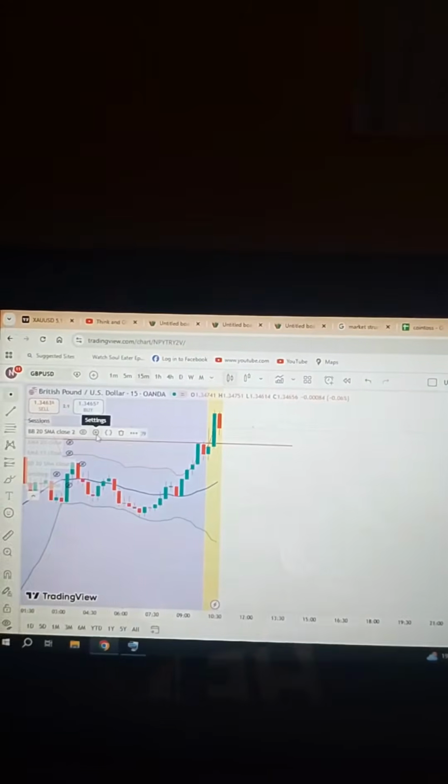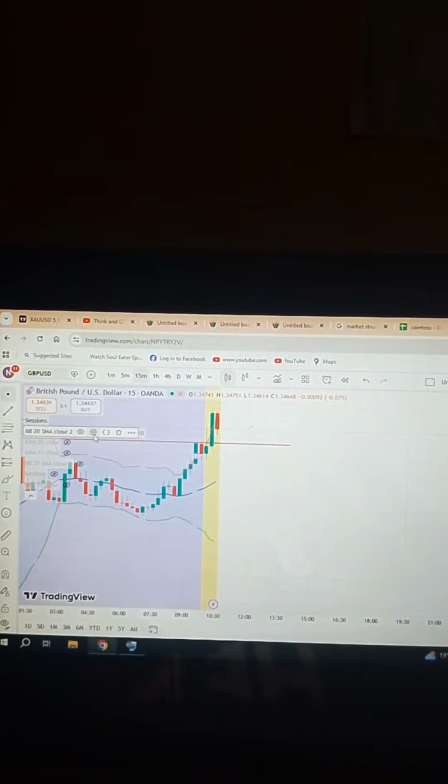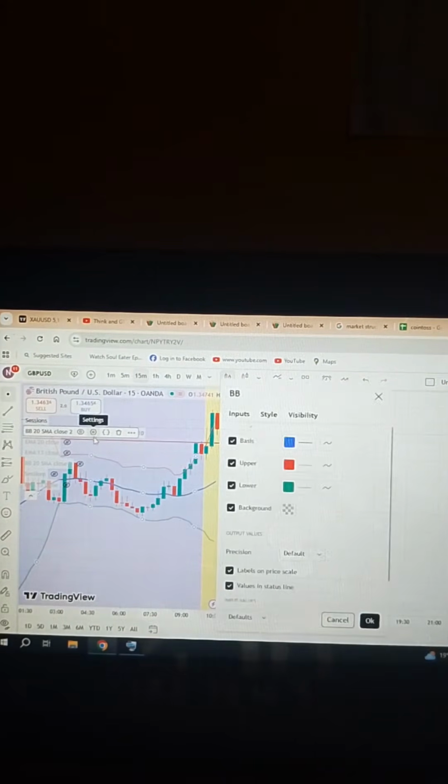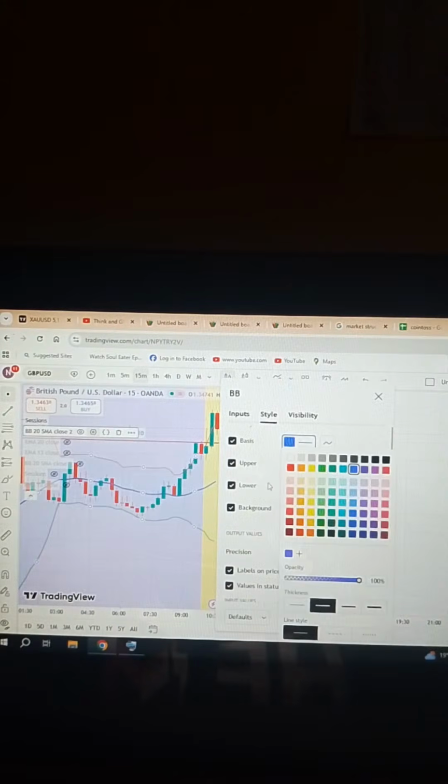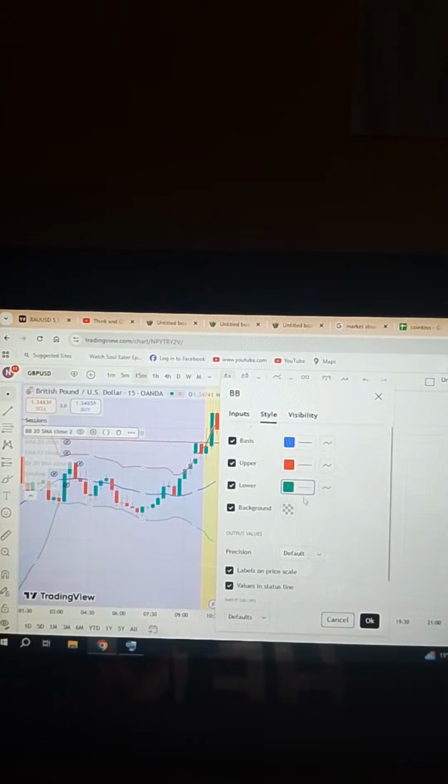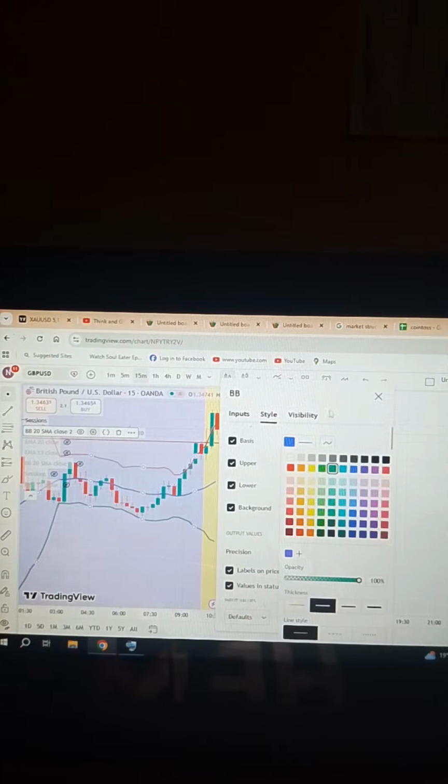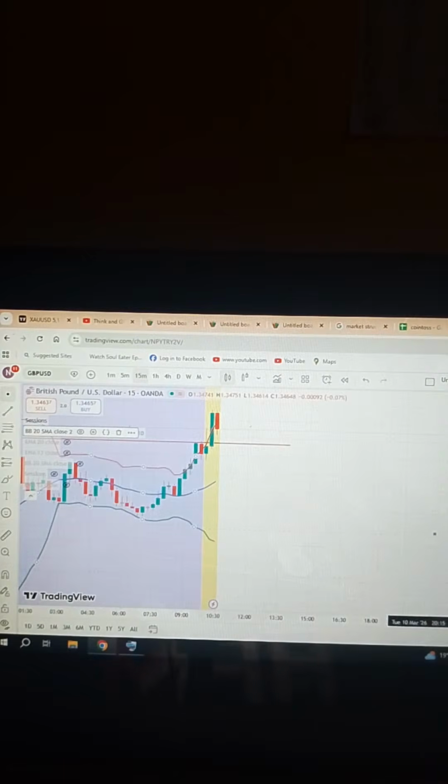I increase the upper and the lower band a bit bigger. Now it's a bit clear. True, guys? Now it's clear.